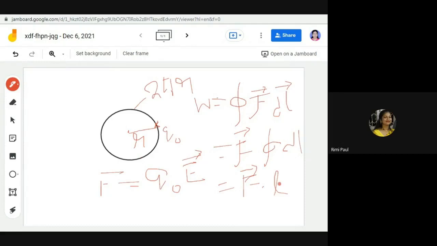Right? So if I put it here, q naught E 2 pi r. So what can we write?